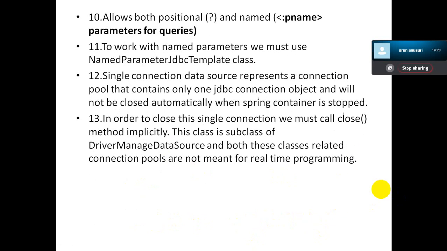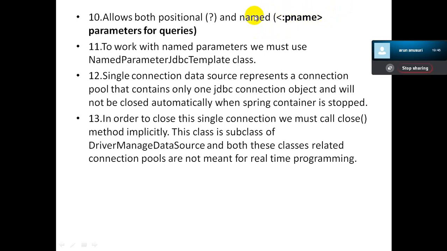So we even have positional and named parameters. For named parameters, we have seen that there are some special interfaces we need to implement and some special classes we need to use to replace the names. To work with the named parameters, we have some other special classes.